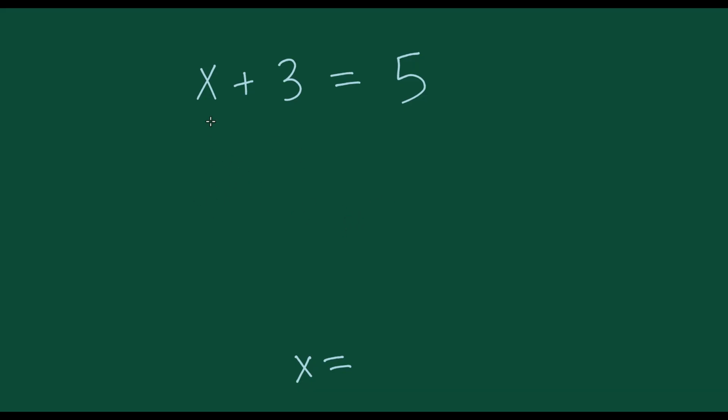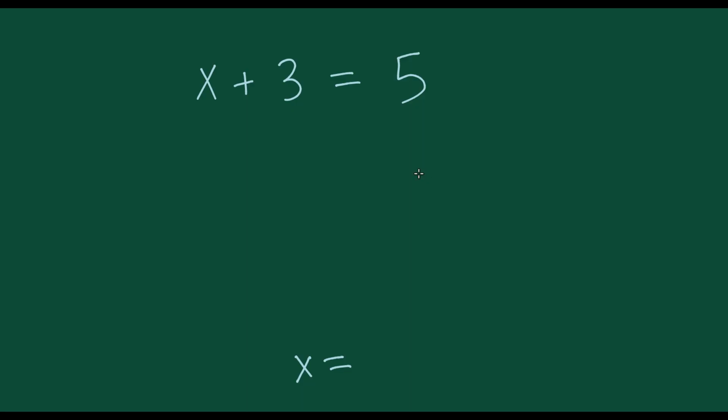So the left side would be x plus 3 balanced with the 5 on the right. Now, this happens to be a really easy one, you could just see, well, what plus 3 equals 5? The answer would be 2.